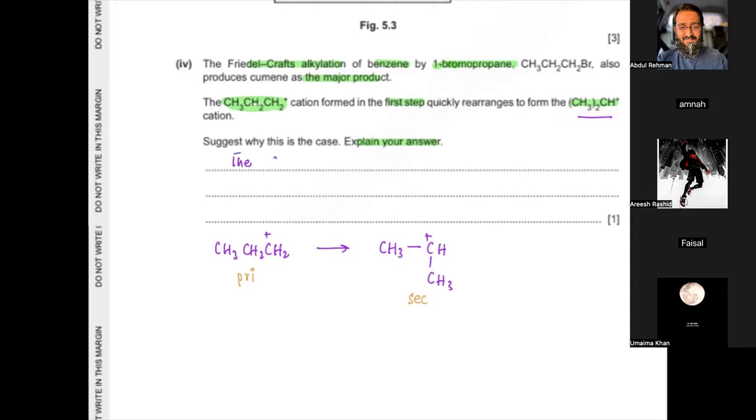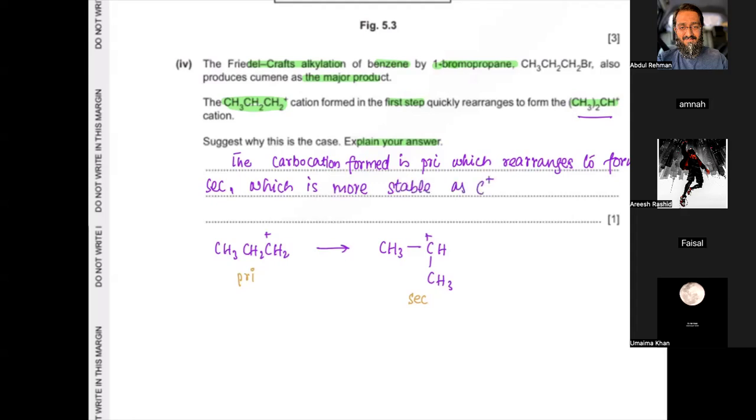So the carbocation formed is primary, which rearranges to form secondary, which is more stable as the positively charged carbon is bonded to more alkyl groups, which causes more inductive effect.